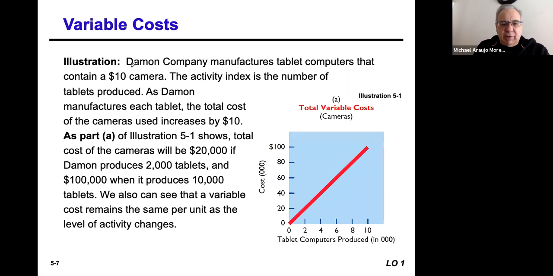Here's an illustration. Here's Damon Company. They manufacture tablets that have a $10 camera as part of the tablet. All right. So as Damon manufactures each tablet, right, the total cost of the cameras are going to increase by $10 for every unit.